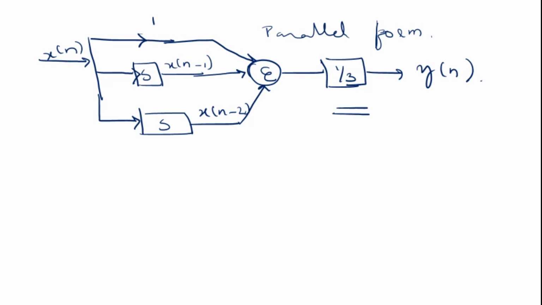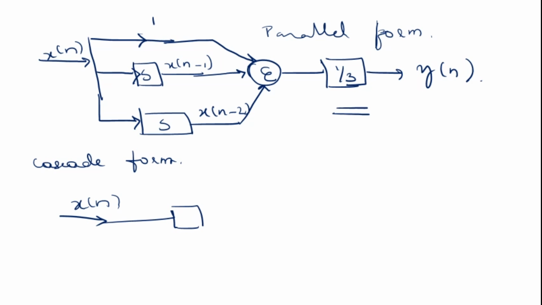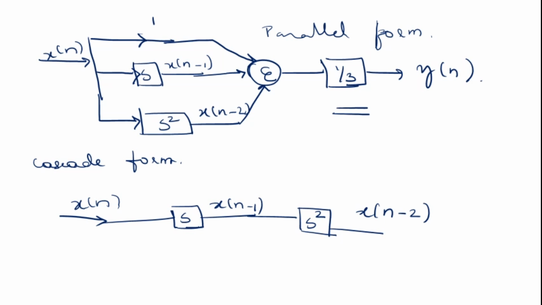We can write using cascade form also. That is, x of n is the input, then x of n minus 1, s square, here also I have missed, it should be s square, x of n minus 2, all the three should combine.